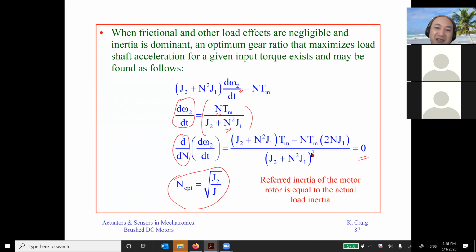To make the acceleration maximum possible. So it will be the square root of J2 over J1. That is beautiful, right? So you have to choose N close to this value. In the spec, you should usually get J1 and J2.